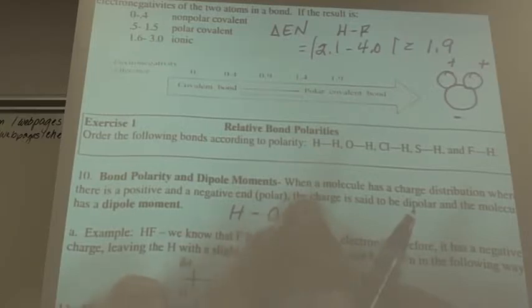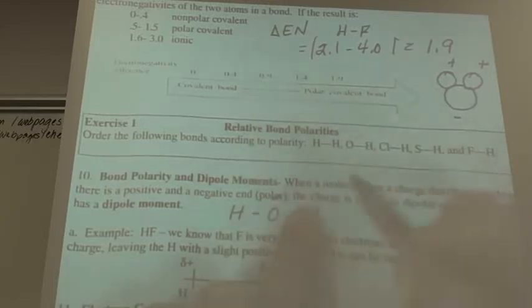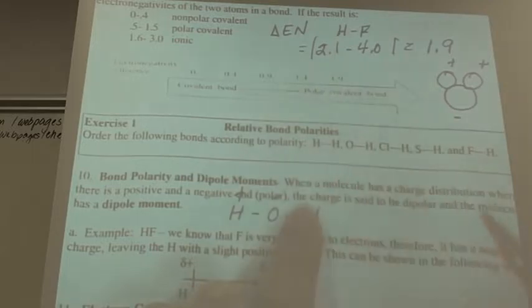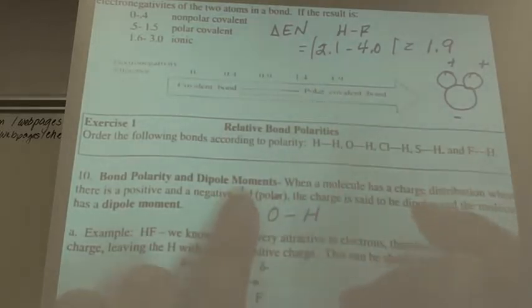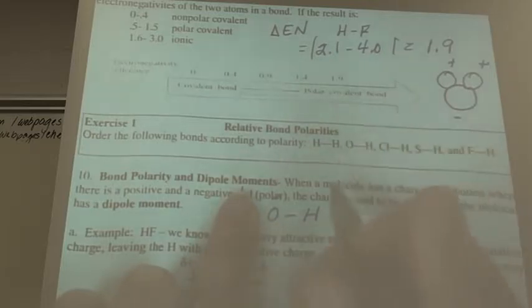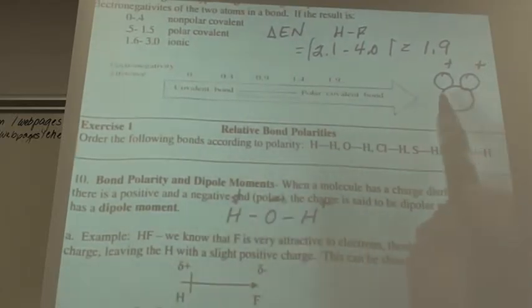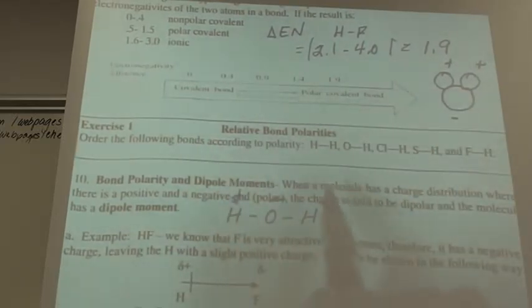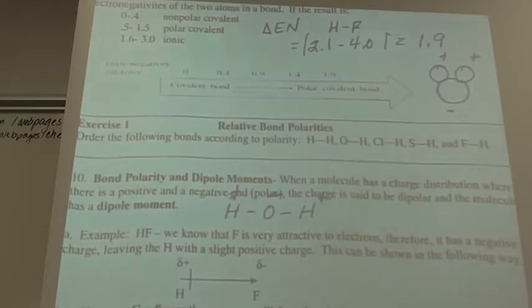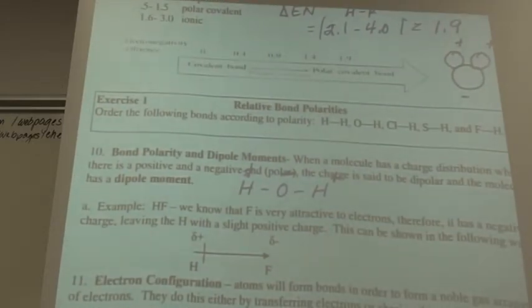It turns out that O does. That's why it has a slight negative charge while the H has a slight positive charge. It's the same thing when we're talking about the electronegativity difference between this hydrogen and oxygen. So oxygen has the negative part and the hydrogens have the positive part. Do you get that?